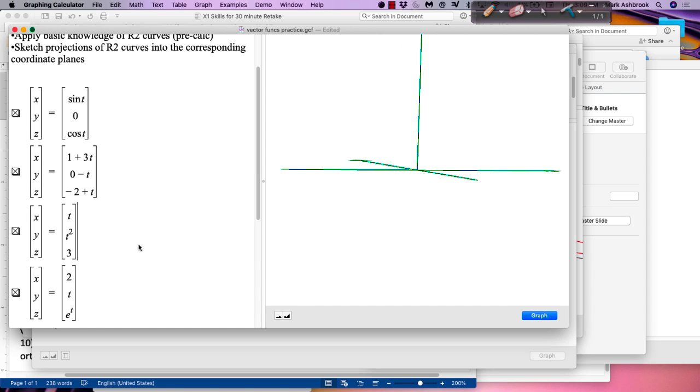Let's do these. So when you write these, you write them horizontally. Don't copy the way they look. When you write out vector functions, you write them in a vector, chevrons, and then write x, comma, y, comma, z. Okay? So you write those out.